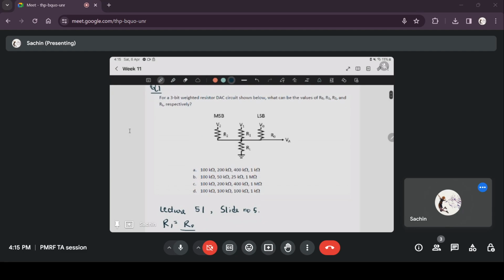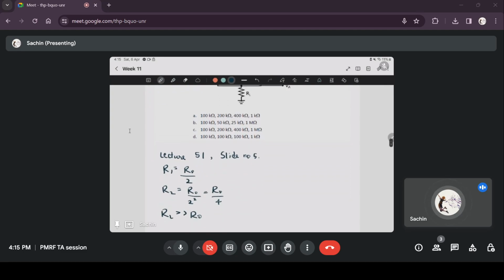And next you see which option follows this pattern. So there's no one particular value of resistance that you need to give. If you choose R0 differently, then R1, R2 will be different. And RL also you can choose in different ways. RL much greater than R0 doesn't give you an exact value for RL.